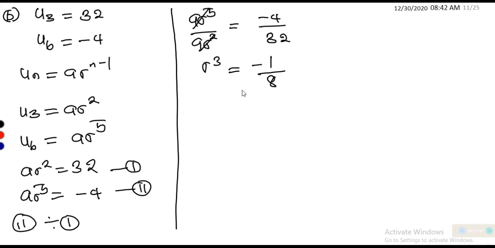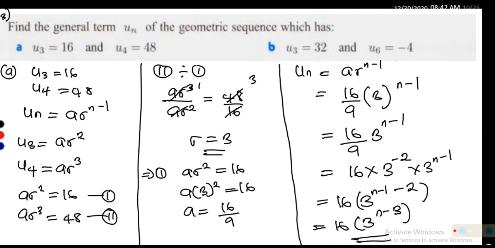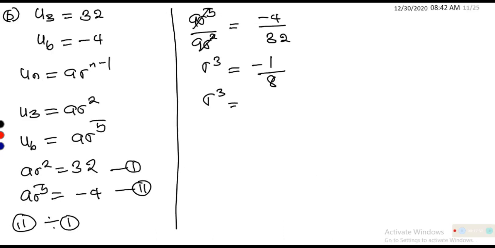Okay, and this R cubed can be rewritten as, anyway, there's a minus there, so it will give us a kind of complex answer. This is minus 1 over 2, minus 1 over 2 raised to power 3.